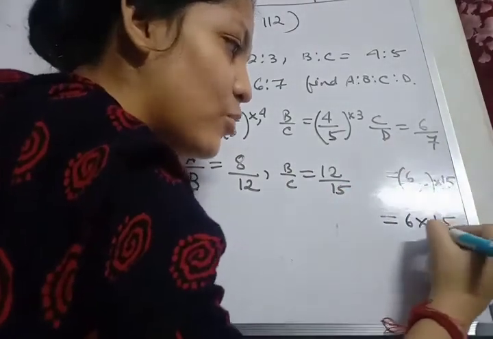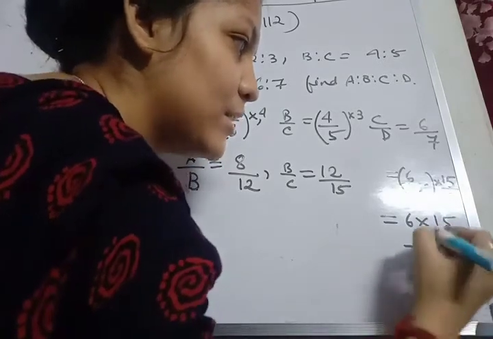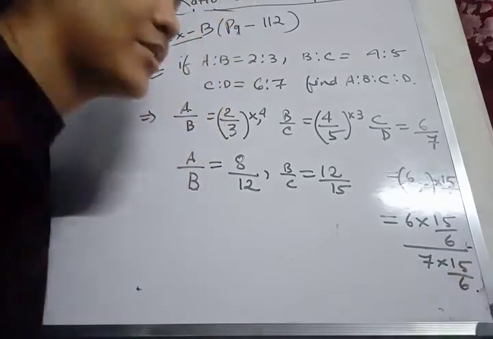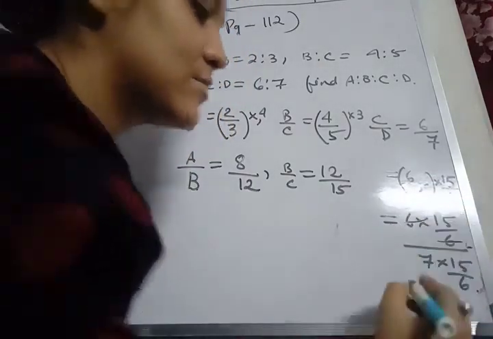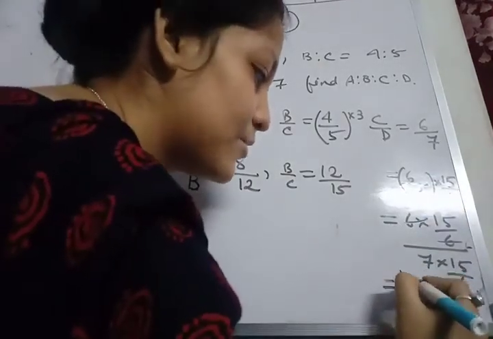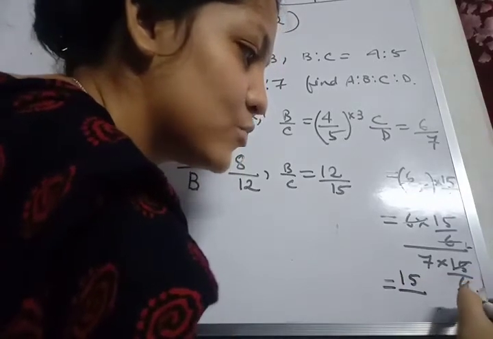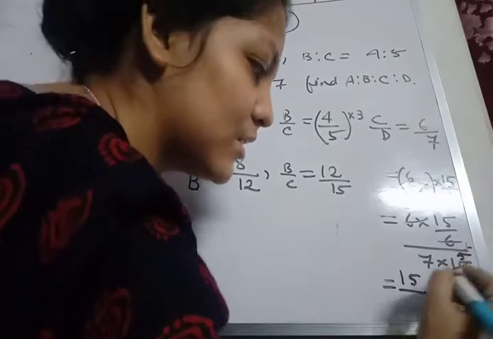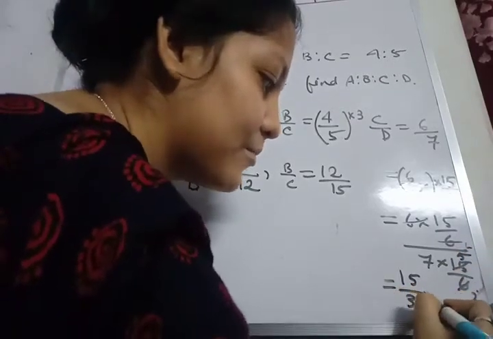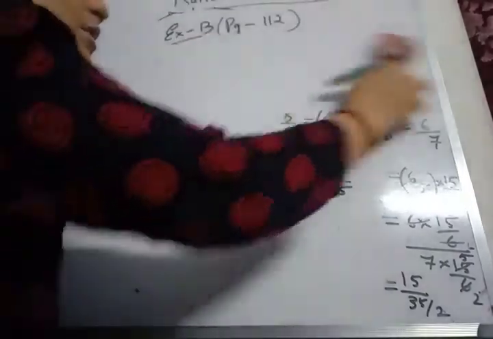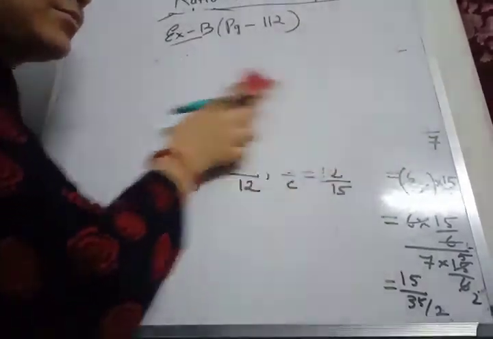And that is our main focus. The c term has to be equal. 7 into 15 by 6. Right? So c gets 15. And here what do we get? It is divisible by 3. 3 2s are 6. 3 5s are 15. So we get 35 by 2. The denominator portion. Now what do we write? Let's see.